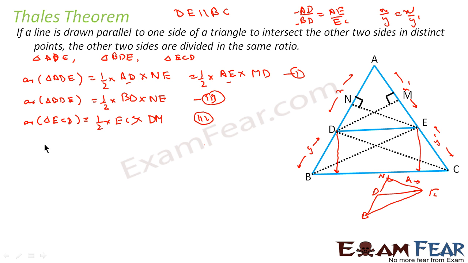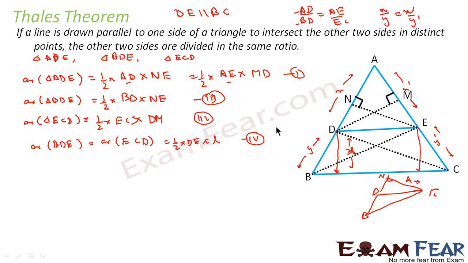So area of triangle BDE is equal to area of triangle ECD. How? Because both are nothing but 1 by 2 into DE into, let's suppose this is L, into L. So both the areas are same. That is my fourth equation.